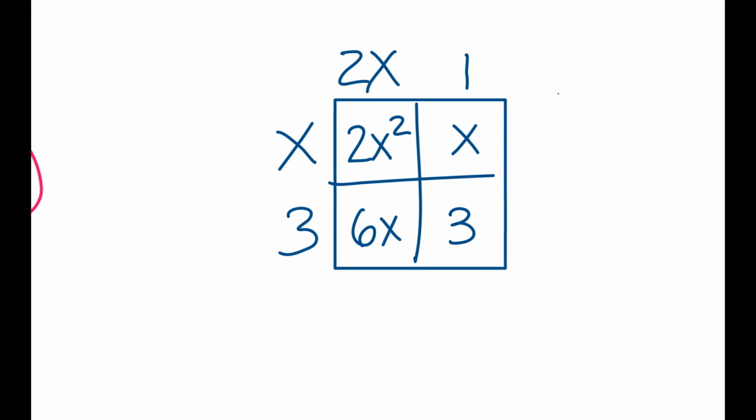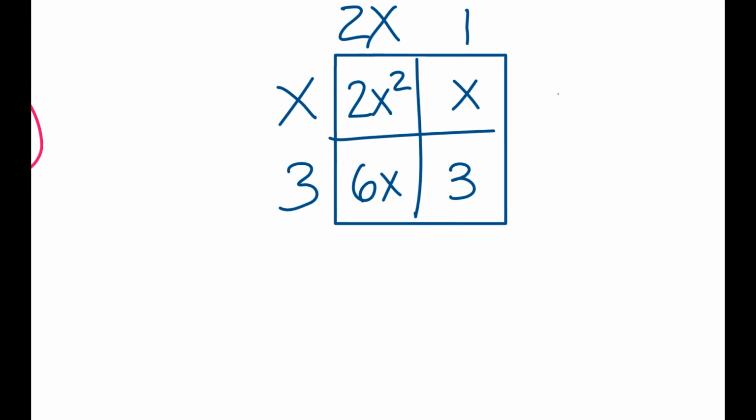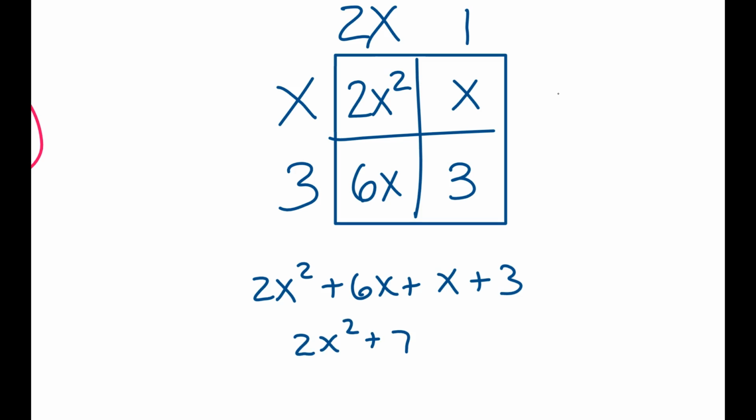So, I noticed last class that I lost some people here. You guys may be used to just writing this out, right? You might be used to doing 2x squared plus 6x plus x plus 3. However, what do you then need to do? Combine the 6x and the x. And you get this, right? Well, what I do is I just combine like terms in the box.